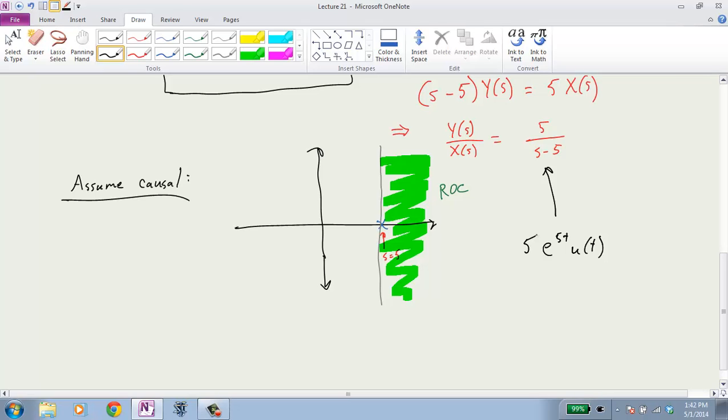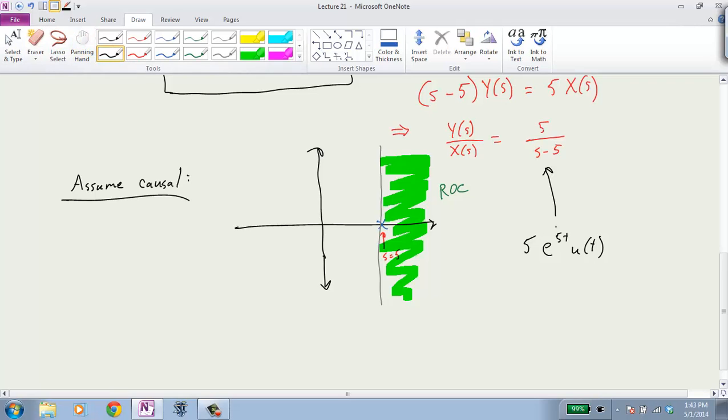Because you remember, e to the at u of t went to 1 over s plus a. Of course, we used the fact that the region of convergence was to the right. If the region of convergence was to the left, we have a different left-sided signal with the same Laplace transform.